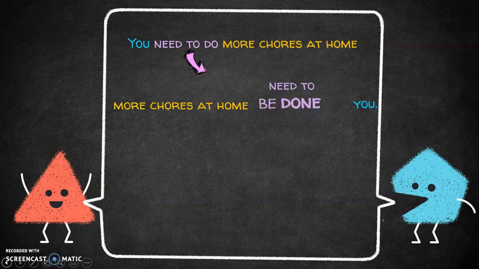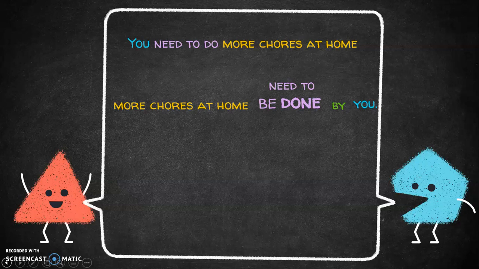So, more chores at home need to be done. In this case, the verb do, that was the main verb, is written in past participle. And then, we need a particle by in order to indicate who's the doer of the action. But remember that that's not necessarily important in passive voice.